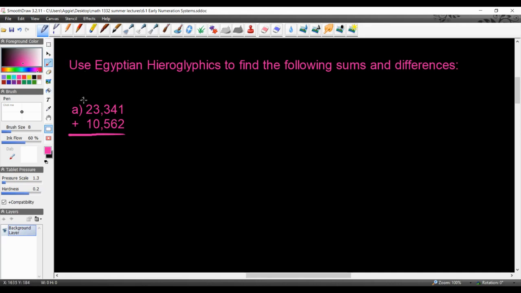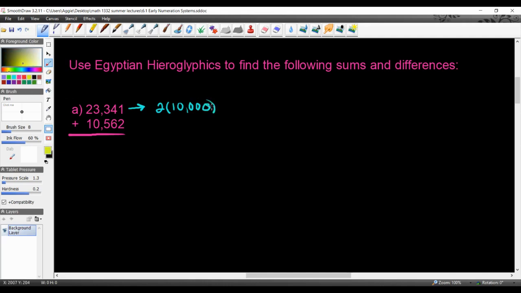So what I'm going to do is rewrite this in terms of what it means. I'm not going to color code every single thing, but maybe I will. So the first part would be 2 times 10,000. Oh, I forgot a zero.